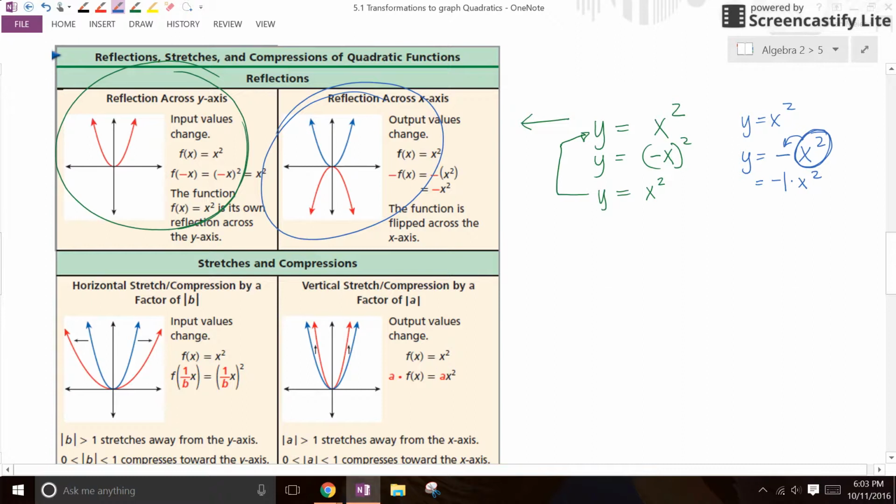That would probably look better because that would make people understand, oh, you square first and you do -1 times that after. So that is not such a big deal, but make sure that you understand what kind of transformation that is. That is called a reflection. All right, so there's reflecting across the y, reflecting on the x. If I have that vertical reflection, that's going to make it open down.